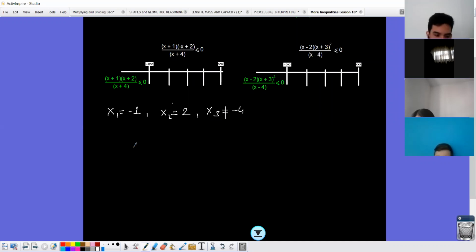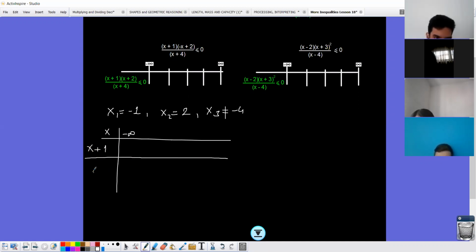Okay, I'm drawing the sign chart. Then which root is the smallest one, Fatih? Here we will write x plus 1 first. Then we have minus x plus 2. Then we have x plus 4.